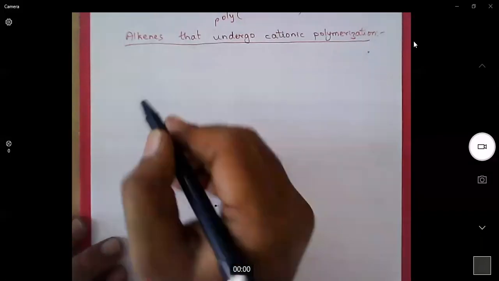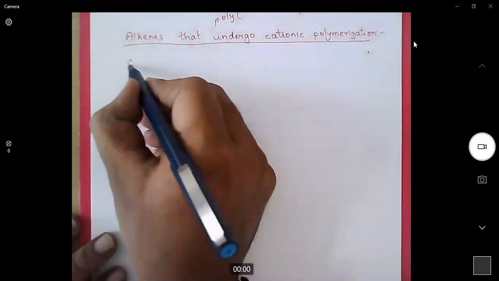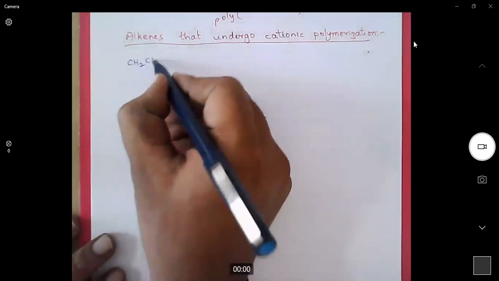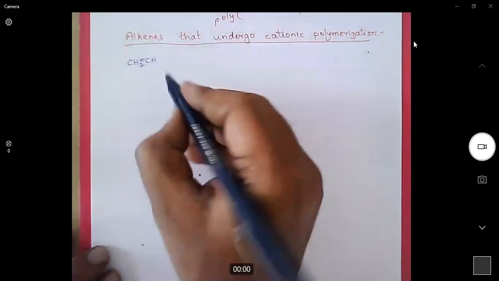I'll give some examples of alkenes that will undergo cationic polymerization. This functional group is called alkene.